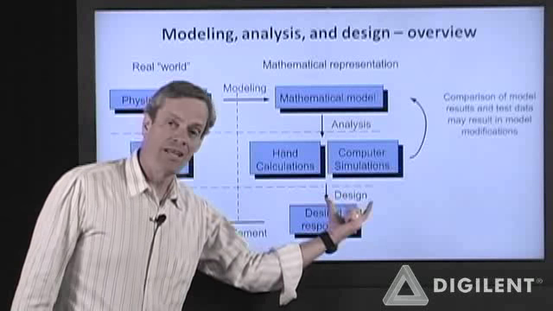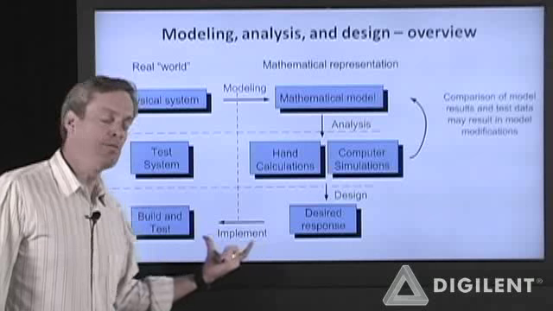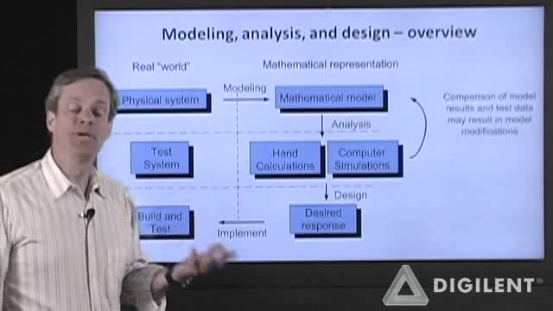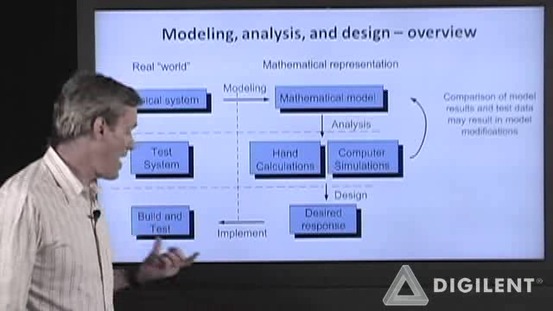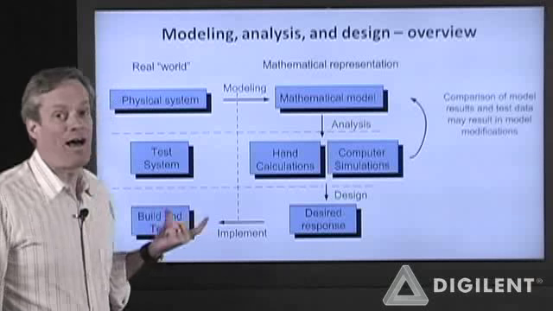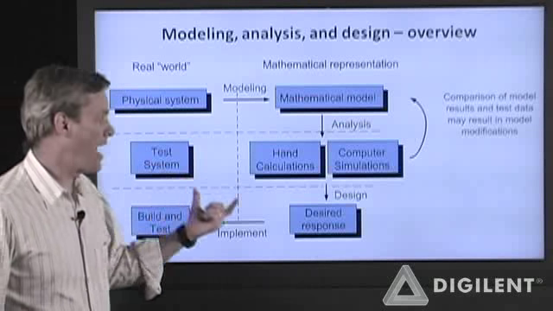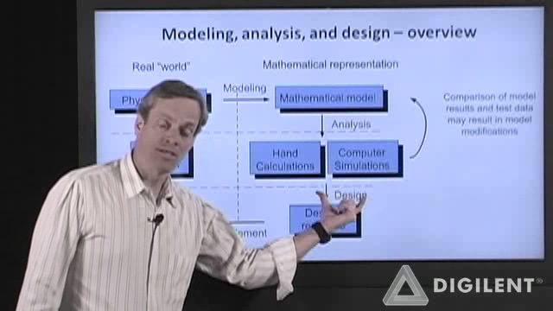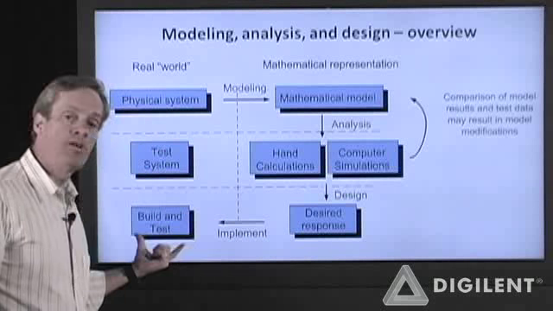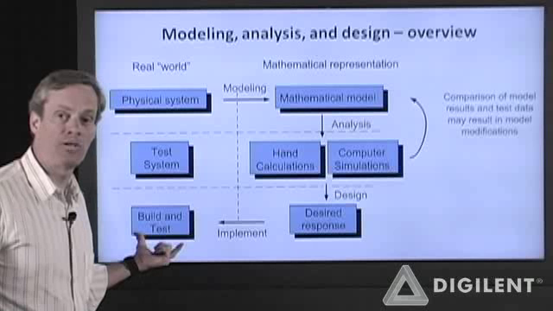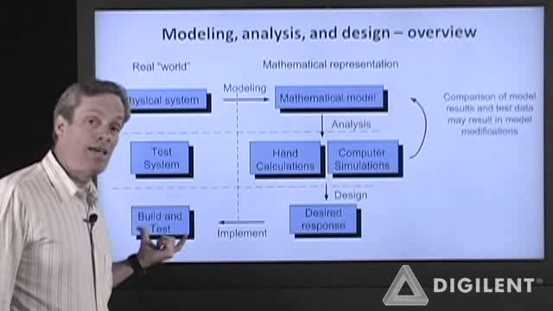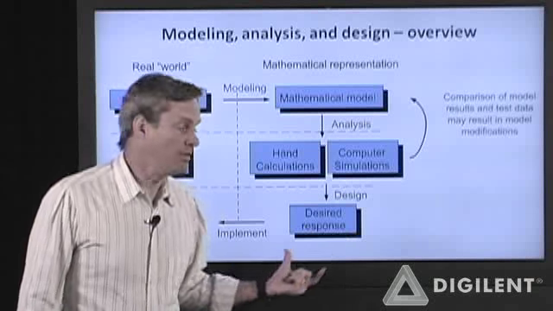So once we've created this design, we'll go back and implement that design, build the actual circuit or system, and test it. Now, at this stage, you also still run the risk that your analysis that created this design may not be reflecting reality accurately enough. Your design may not actually meet the requirements.